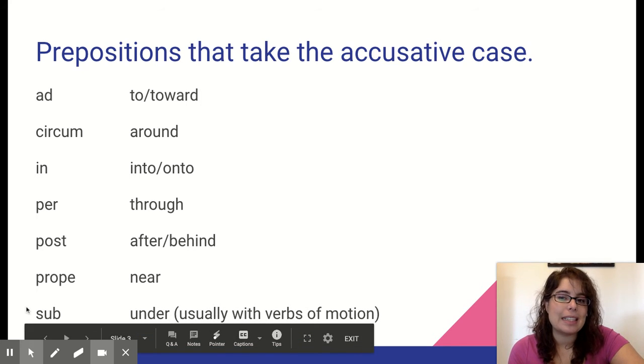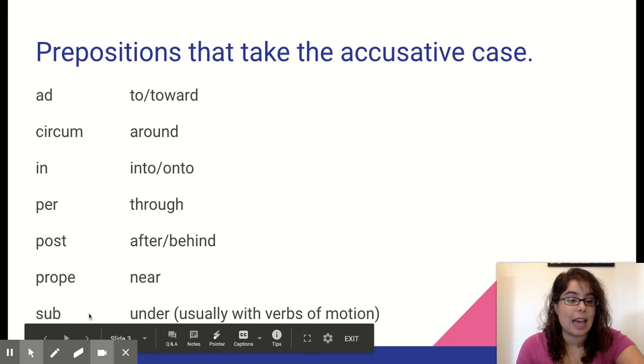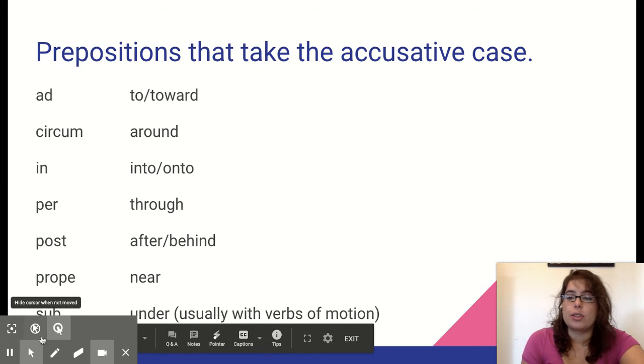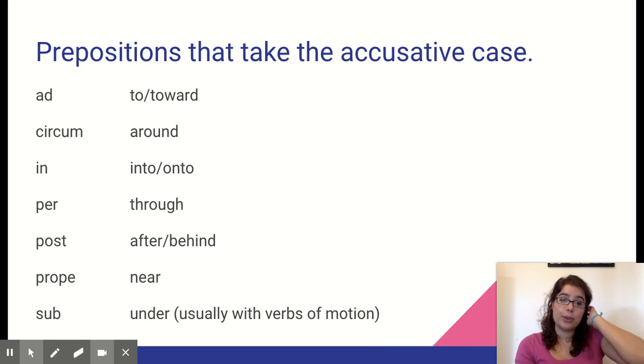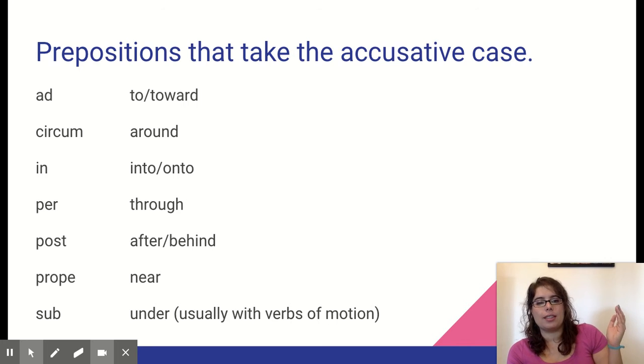And then one more, and this one, sub, like in, can take either the accusative or the ablative, and it does have a slightly different meaning when it takes the accusative versus the ablative. So sub means under, and when it's with a noun with the accusative case, it's going to typically be used with verbs of motion, right? So like he is walking under the overpass or something like that.